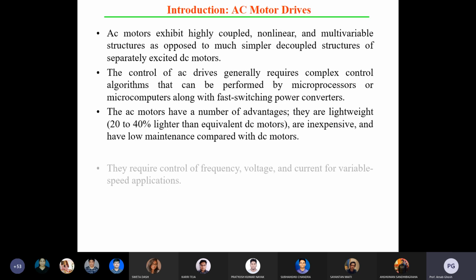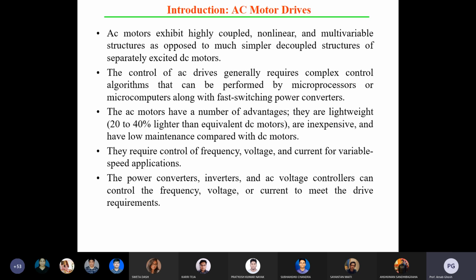We are aware of the very basic limitations of different DC motor drives. Basically, the control of DC motor drives is quite better, in the sense that the controlling method is comparatively simple than AC motor drives.